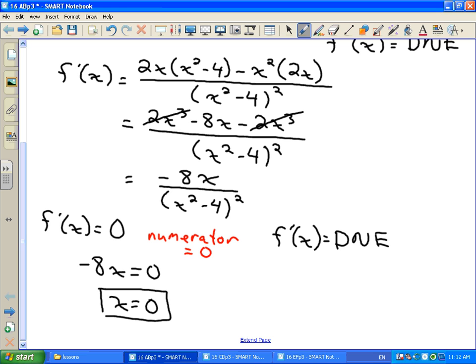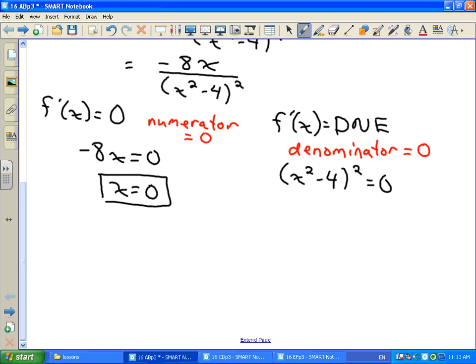But what about where our derivative does not exist? Well, our derivative is not going to exist at points where our denominator is equal to 0. So let's set our denominator equal to 0. X squared minus 4, all squared, equals 0.